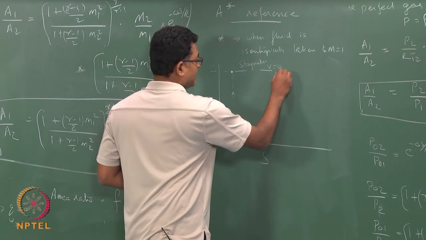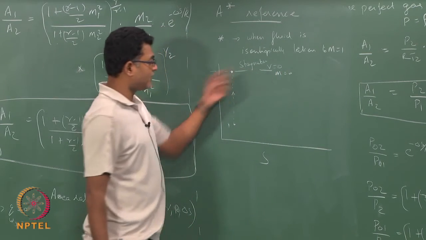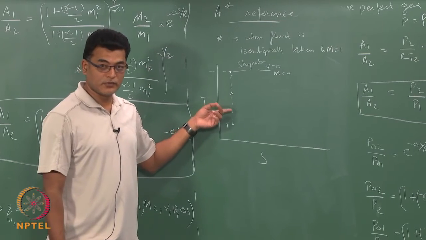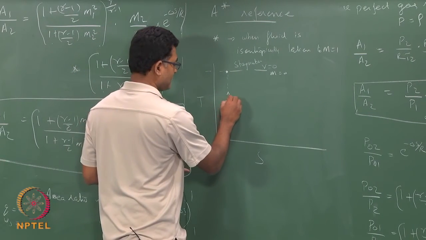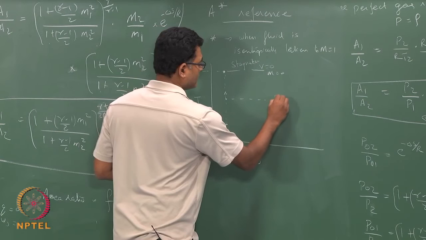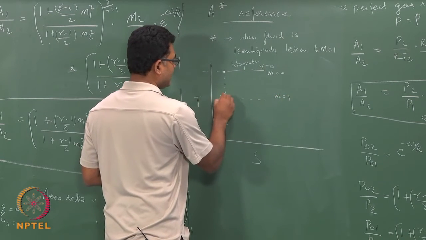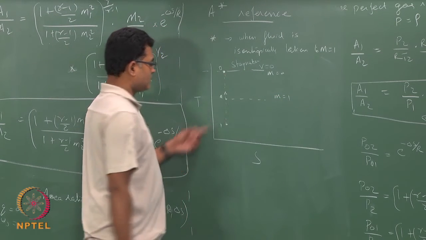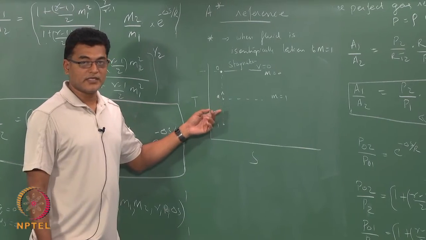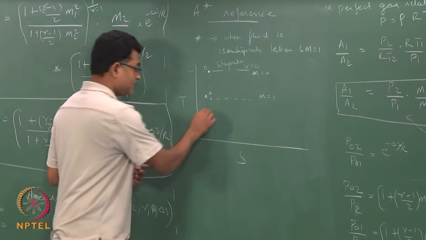So, this is my M equals 0. Now, instead of M equals 0, if I take it to M equals 1, so let us say it is somewhere here, then I have my star condition. Okay. So, I take it isentropically, that is very important.